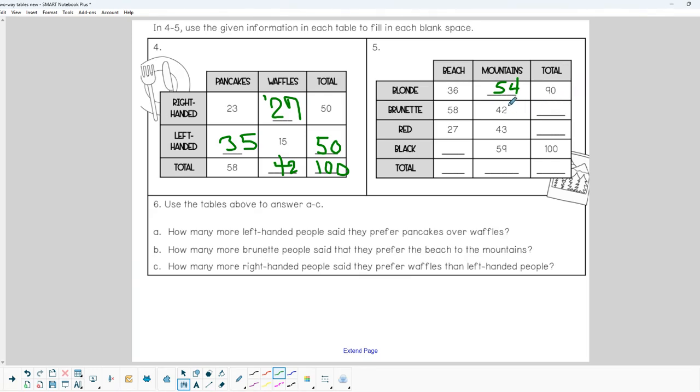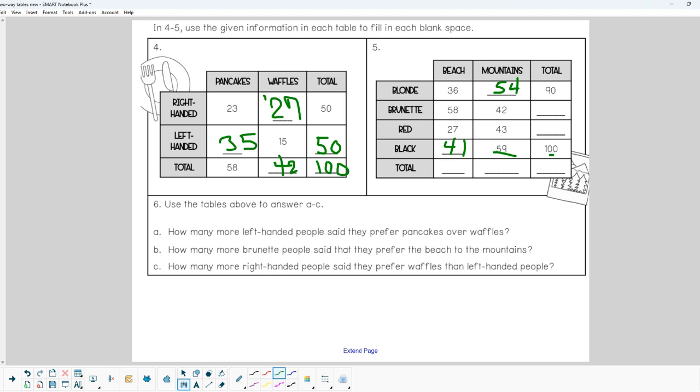All right, so now if we start looking at the next number here, 100, this 100 minus the 59 would give us 41 for black-haired people.